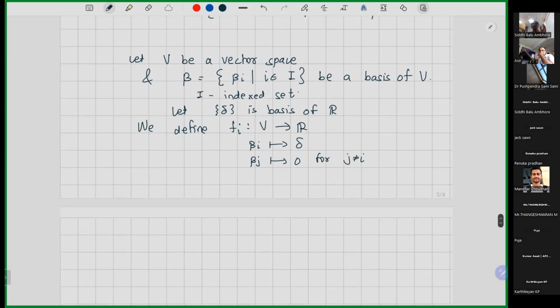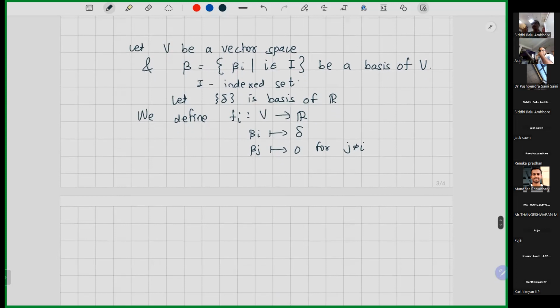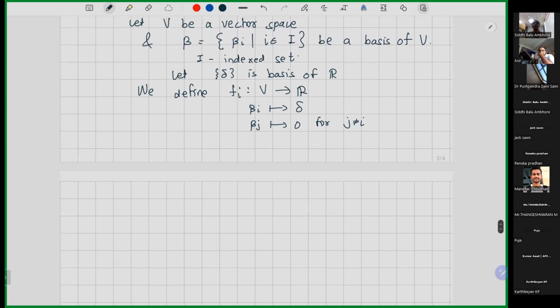So it is only the i-th element. We can define any linear map on the vector space V by defining where the images of the basis elements go. So I am using the basis of V to define this map f_i, with beta_i going to delta and beta_j going to 0.